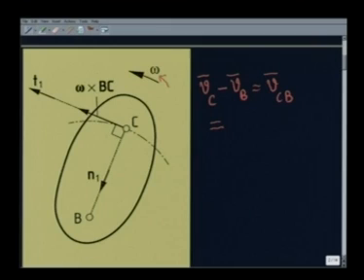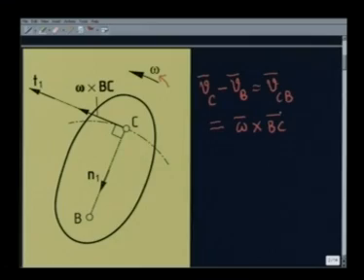That means the point C with respect to B moves in a circle and the angular velocity of the line BC is omega. So, from our basic knowledge of kinematics of rigid body, we know that for this circular motion, this difference of velocity is given by omega cross the vector BC.